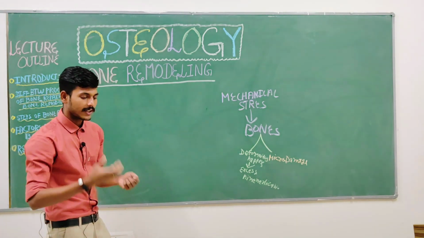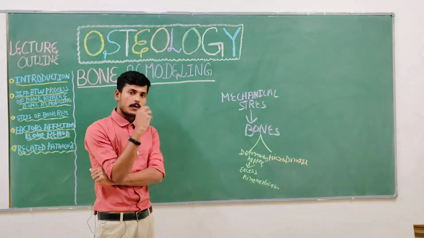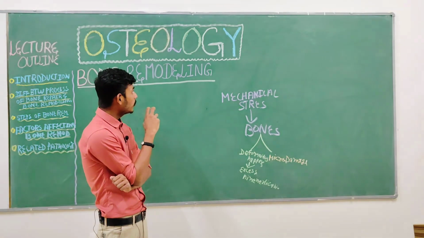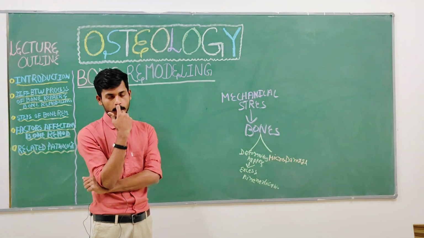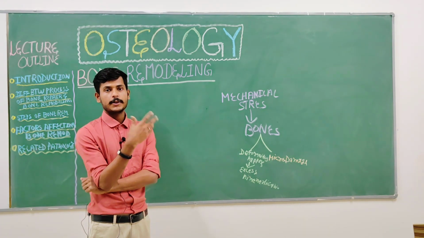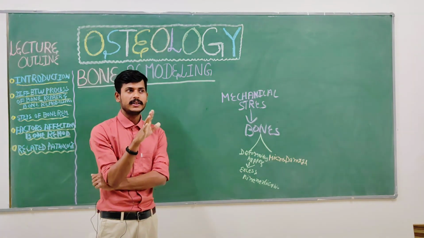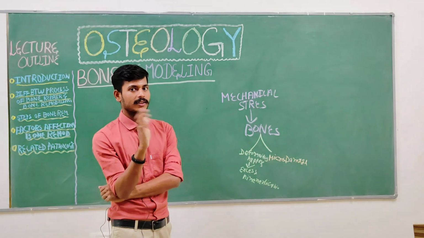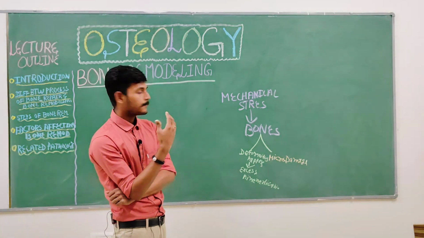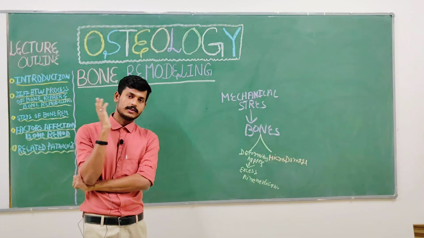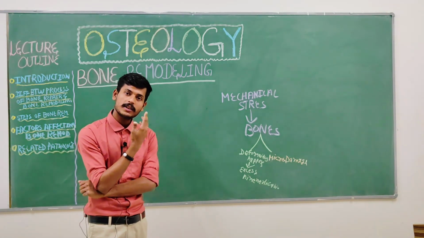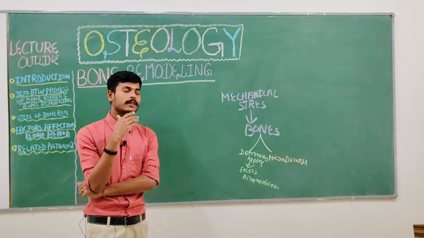The fundamental difference we found is that bone ossification starts in intrauterine life and continues till about 25 years of age. And we saw that bone remodeling goes on throughout the lifespan.